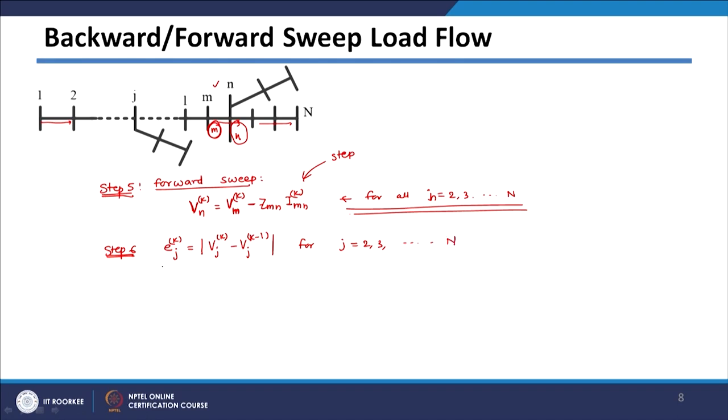After getting errors of voltages in each of the buses, you can get the maximum error. So, in step 7 we will get the maximum error. So, E_max of kth iteration will be equal to the maximum of all the errors. Here we are getting error at bus 2 of kth iteration, error at bus 3 at kth iteration, error at bus 4 at kth iteration, up to error at nth bus at kth iteration.